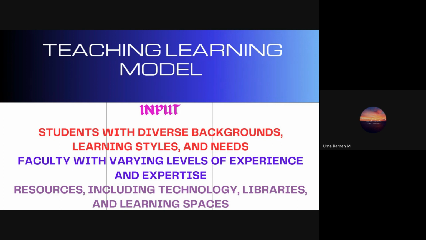All students do not have a common requirement. That is one input. The other input is faculty with different levels of experience and expertise. The major input we need to provide is the resources, including the technology, library, and the learning spaces.